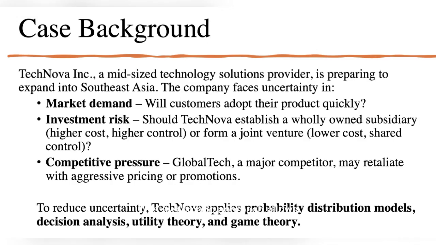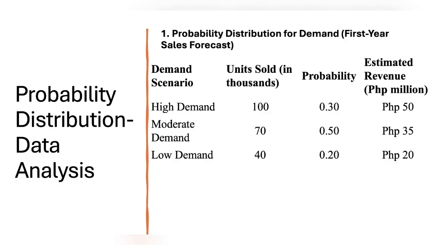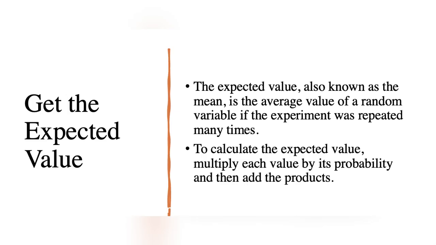This systematic approach allows Technova to navigate uncertainty more effectively and make informed strategic choices. First, let's compute the probability distribution by getting the data analysis from previous years or trend. This is the first-year sales forecast, then get the expected value.